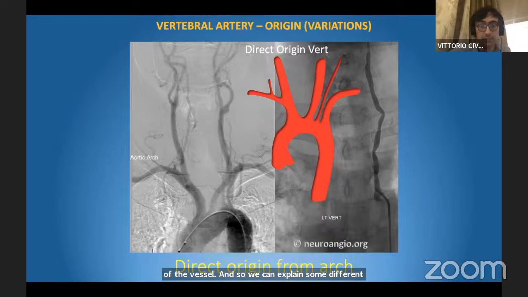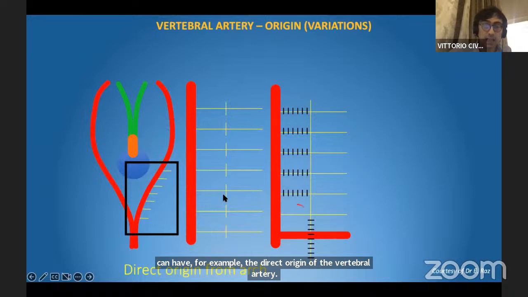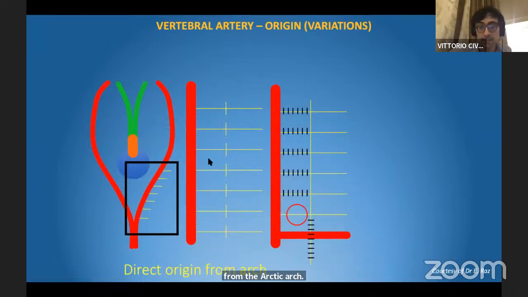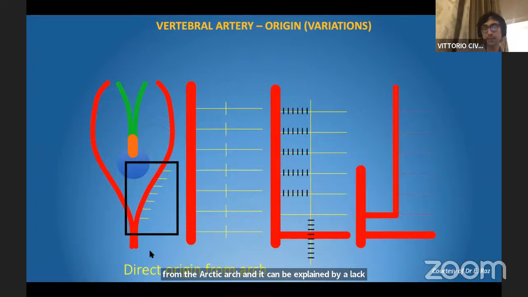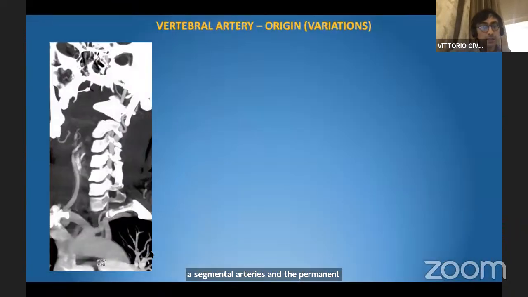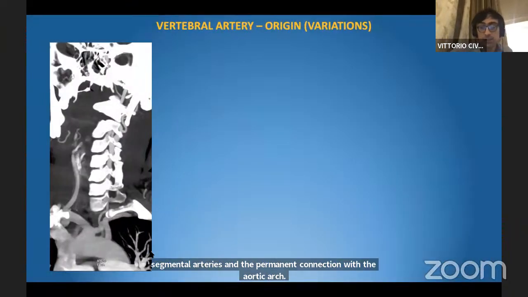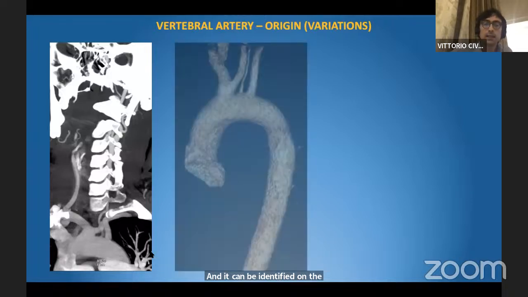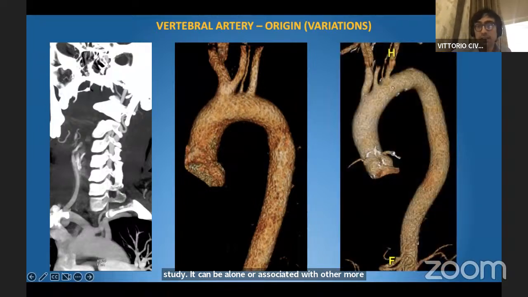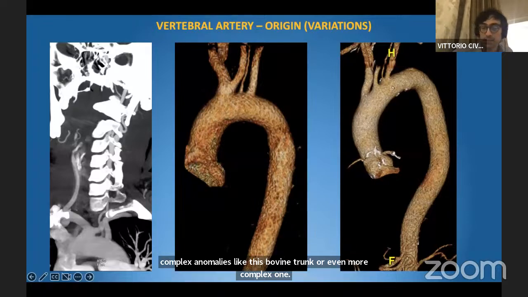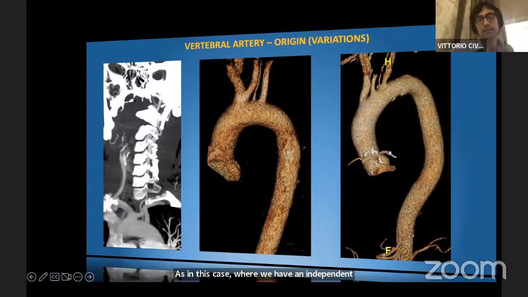So we can have, for example, a direct origin of the vertebral artery from the aortic arch. It can be explained by a lack of regression of the sixth segmental artery and the permanent connection with the aortic arch, and it can be identified on angio-CT studies. It can be alone or associated with other more complex anomalies like this bovine trunk, or an even more complex one, as in this case where we have an independent origin of all the supra-aortic trunks.